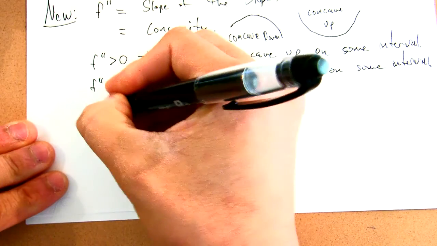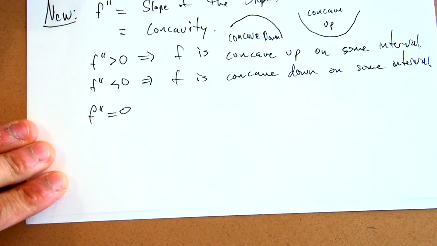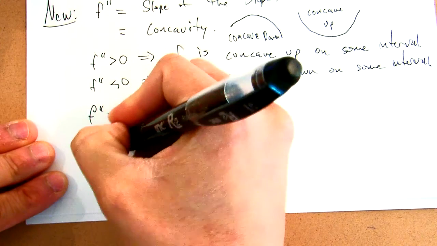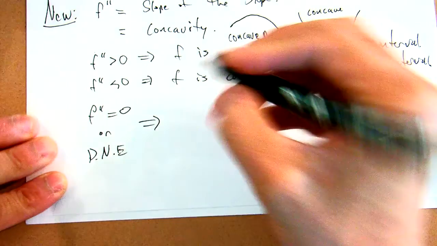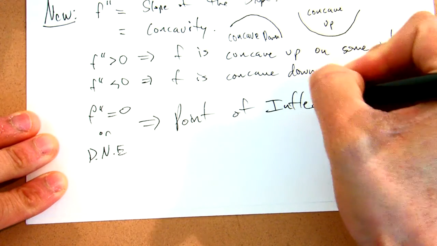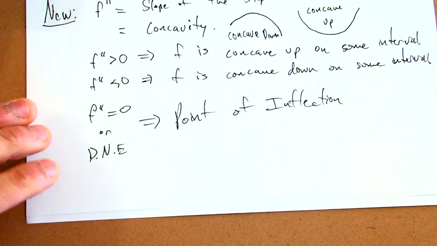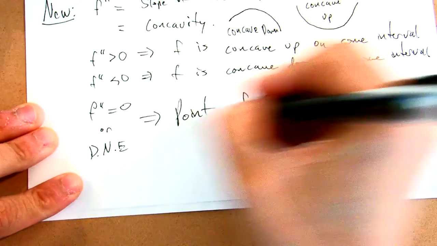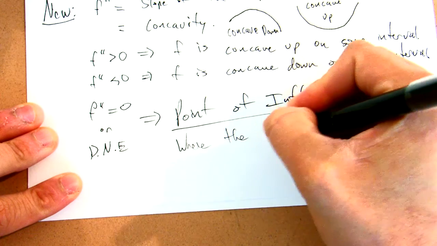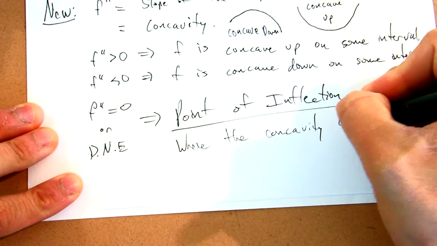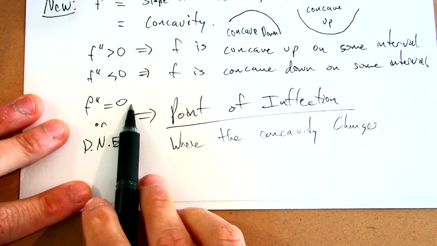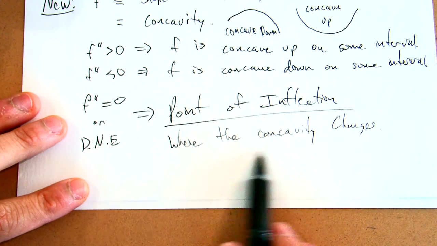And if f double prime is equal to 0, or does not exist, this is where we have a point of inflection. A point of inflection is where the concavity changes. So where the second derivative is 0 or does not exist, it's where the concavity changes.